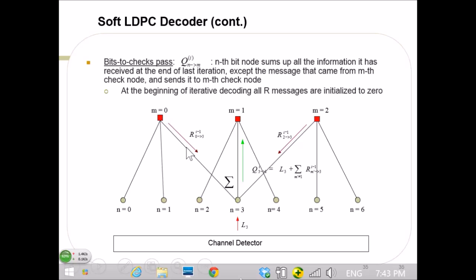So this check node is telling about this bit, and this check node is also telling about this bit. Each monitor or each check has an independent opinion about them. So now, in order to make a total opinion, you're going to consider all of them. Essentially, you're going to multiply all those probabilities. Since we are in the LLR domain, we're going to add all of them up. So that's essentially the total message that we are going to get.